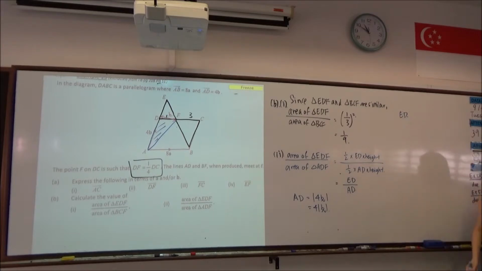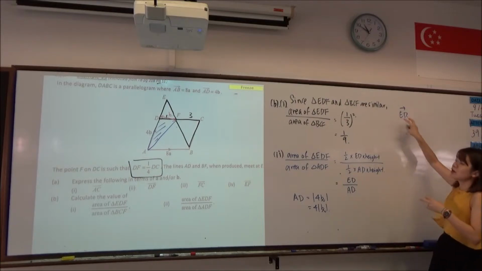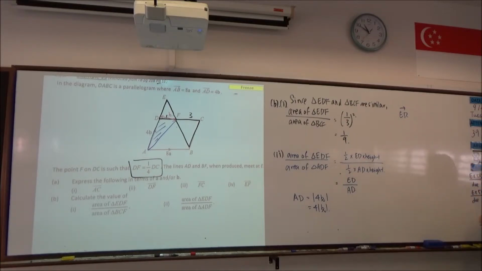Now how do we find out what is ED? We will need the magnitude of ED first, right? Okay, so rather we will need the vector of ED first so that we can find out what is the magnitude. How do we find out what is the vector of ED? ED can be found with? Similar triangles.